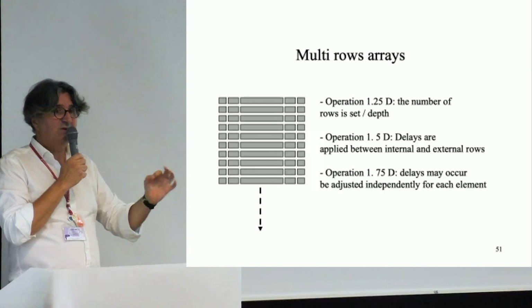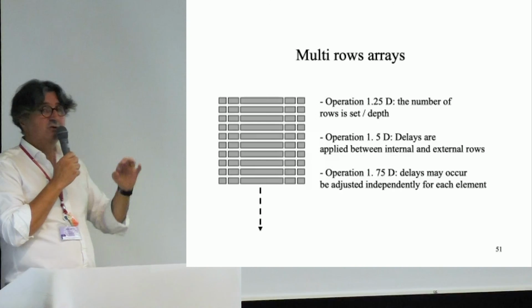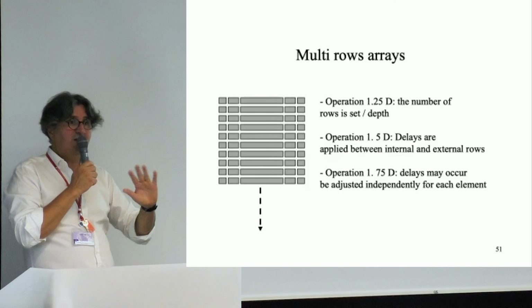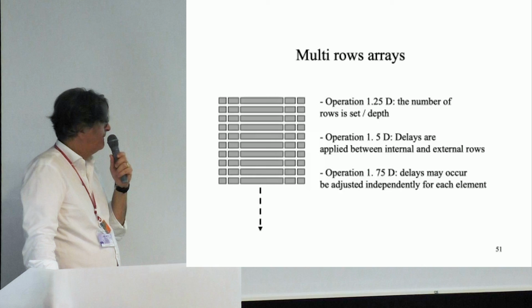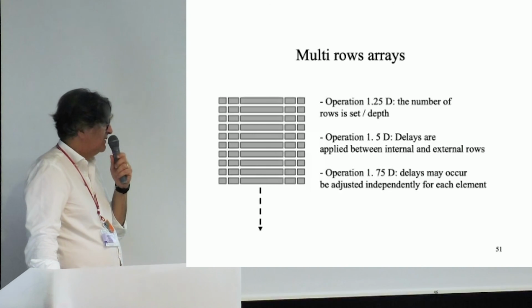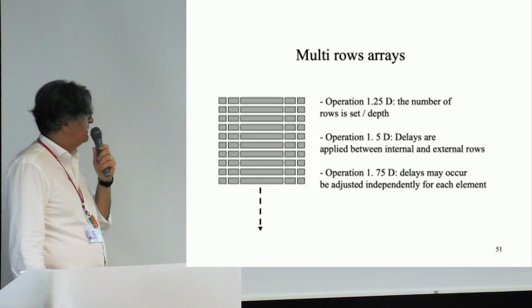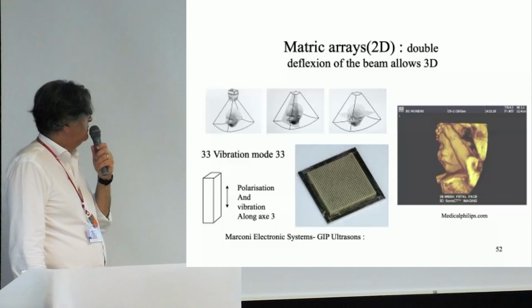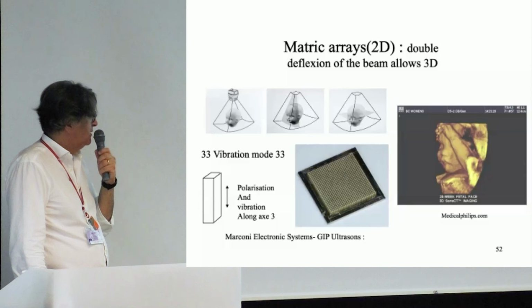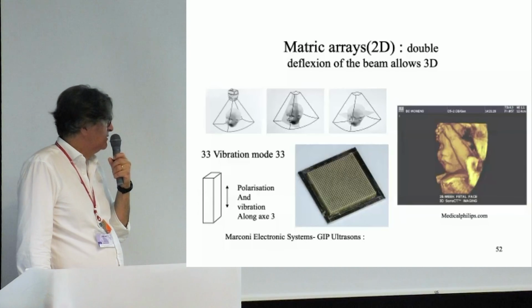You have to find other ways to make the electrical interconnections. And now you can use MUX, multiplexers, to interconnect elements and use technology that comes from microelectronics to do so. But anyway, at the time, you may have a very big cable. You can use matrix arrays also to do 3D imaging, of course. But here again, the difficulty is to manage the interconnection.